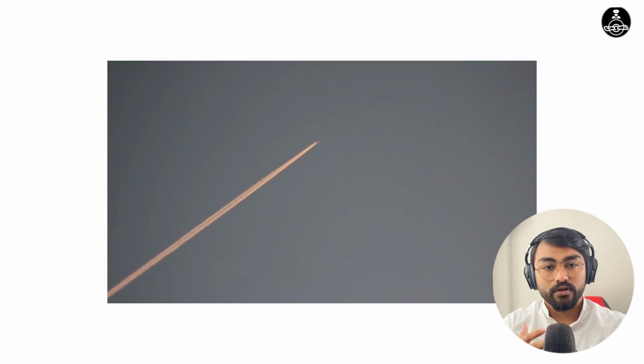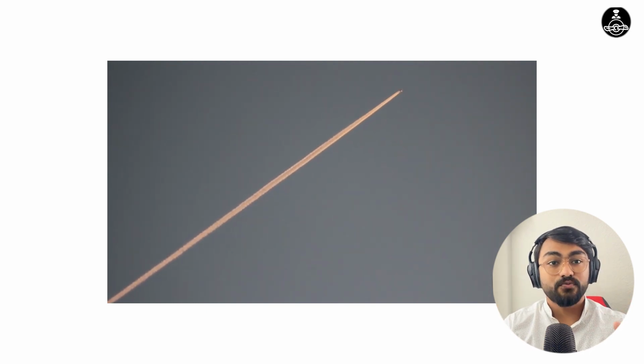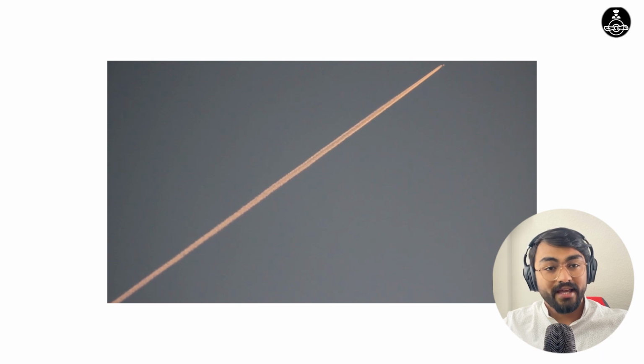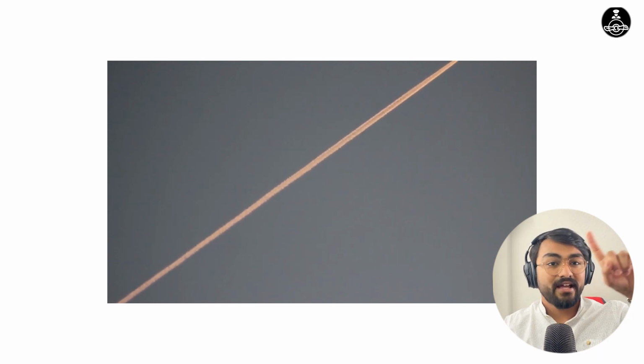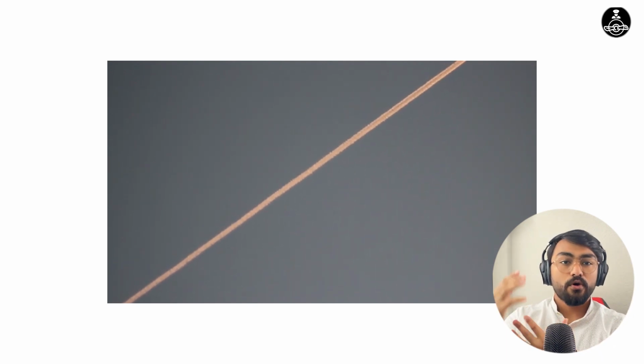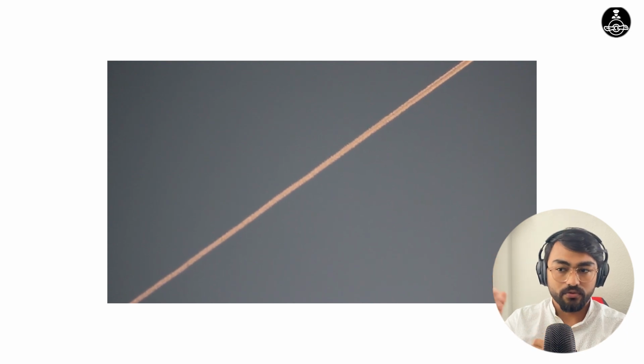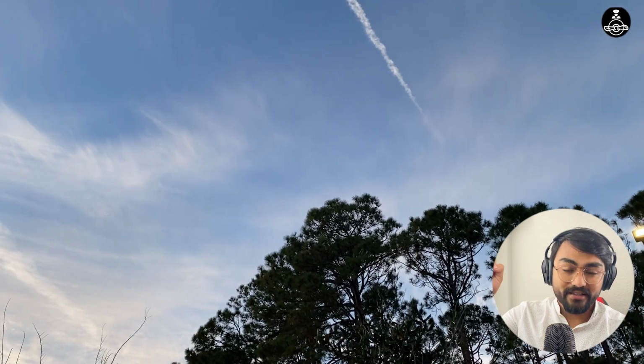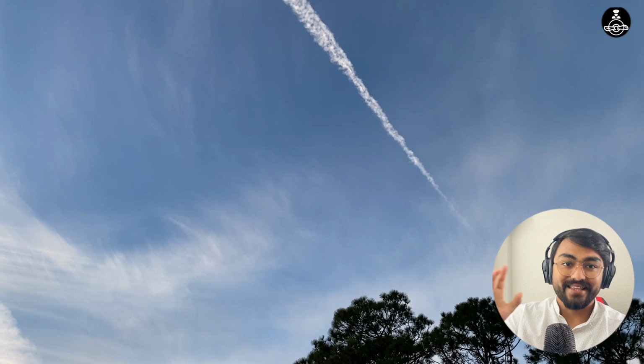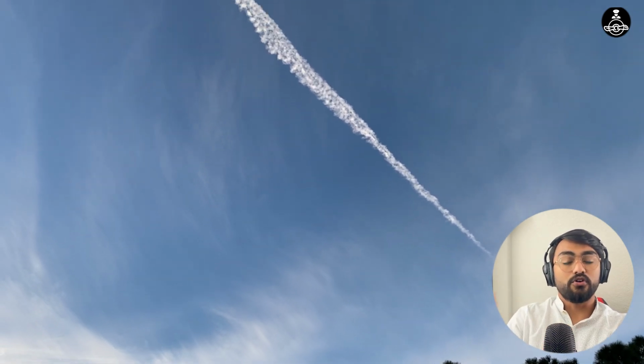Since it is really cold, it takes time for the ice crystals to dissipate, and hence we see long streaks of line. Anytime you see an aircraft and you see a contrail now, you know what is happening at that altitude. You know that it is really cold at that altitude and there is a lot of moisture, and that's why the aircraft is forming contrails behind it.